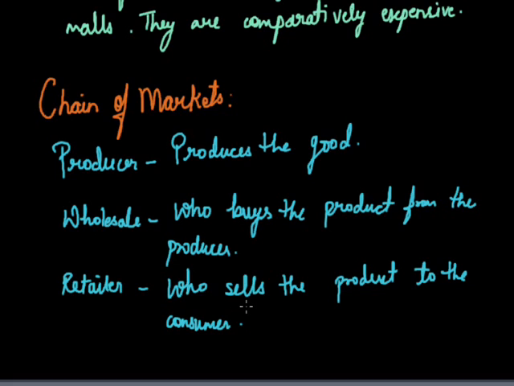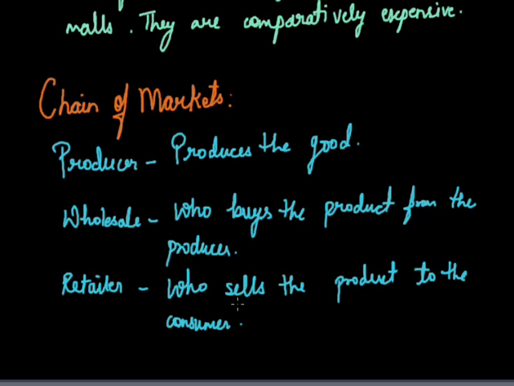And moving on, that would bring us to another virtual set of market that is a more recent addition to the chain of markets. Nowadays there is another high-tech electronic medium through which you can buy the product, that is the internet.